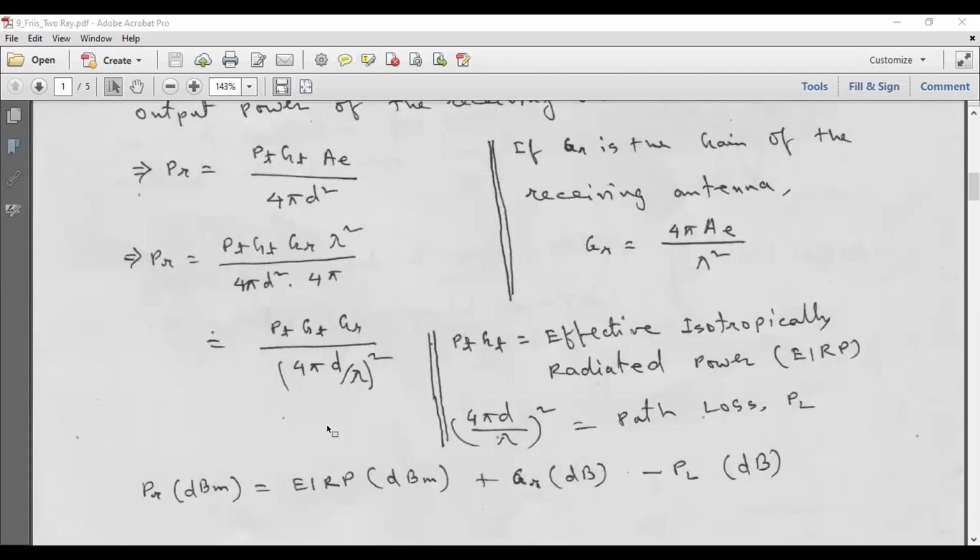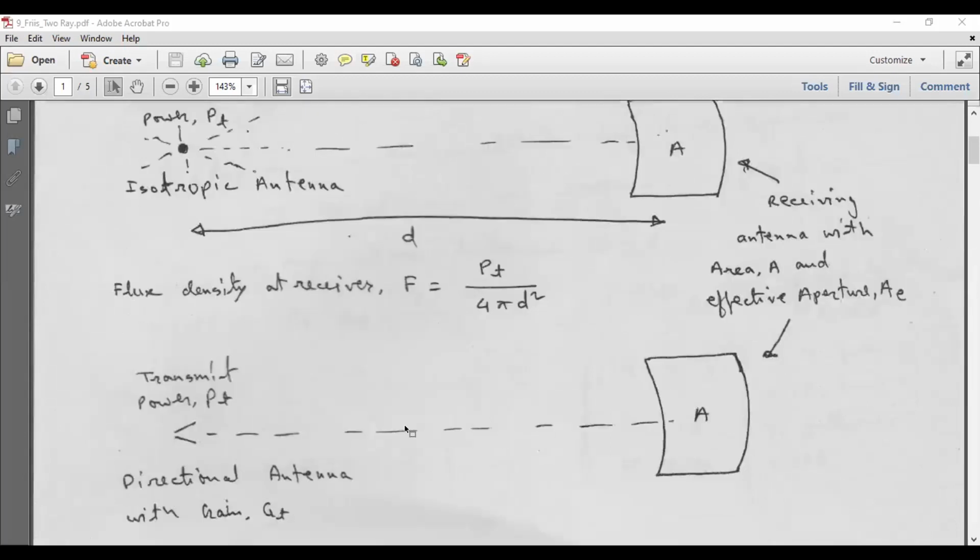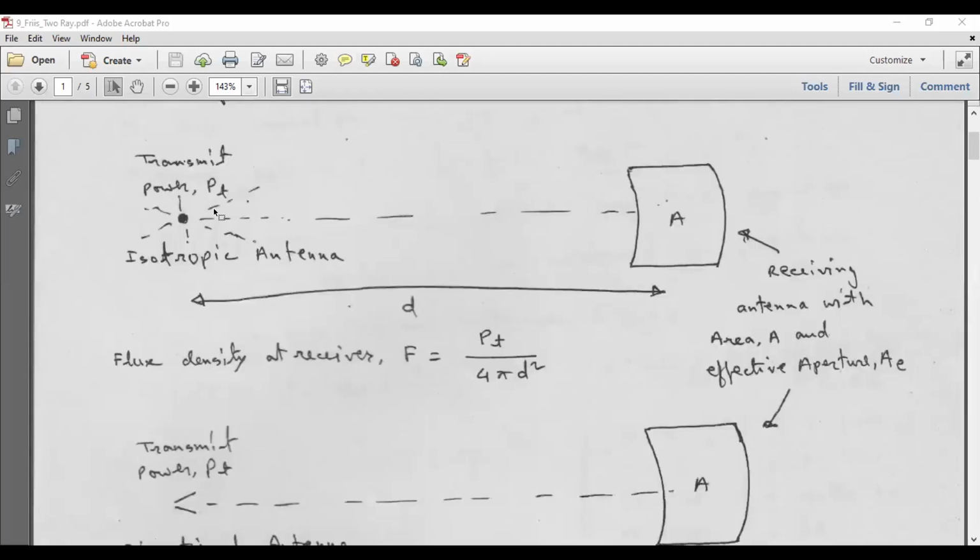Now, a couple of things. First, this multiplied form PTGT has another name, EIRP, effective isotropically radiated power. We had PT amount of power radiation, this much energy per second you are radiating.